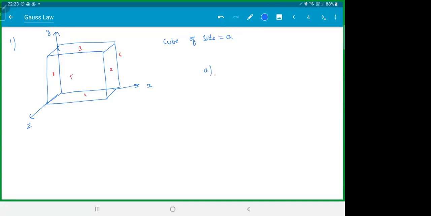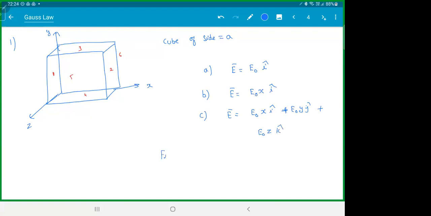So the question is, first one, the electric field in the region is E naught times i cap, where E naught is constant. Second, the electric field in the region is E naught x i cap. Third, E naught y j cap, plus E naught z k cap.